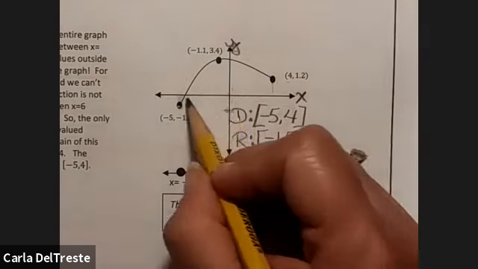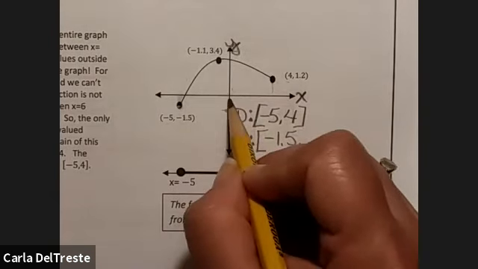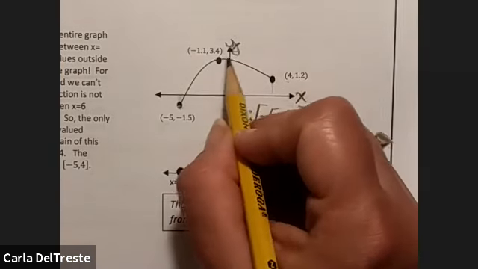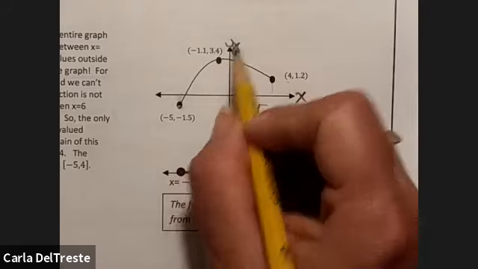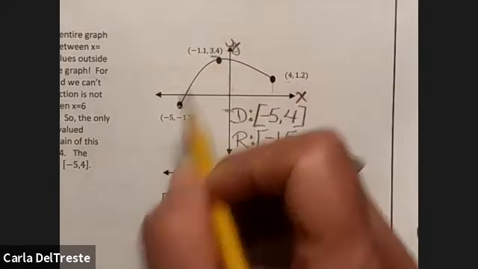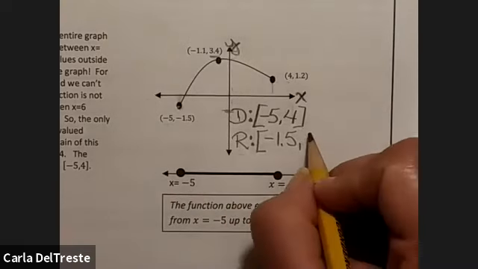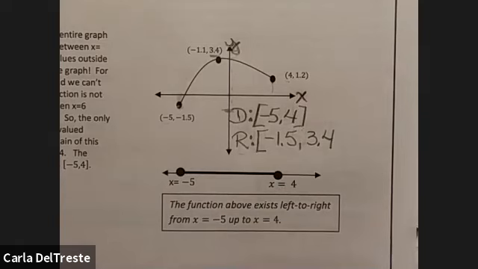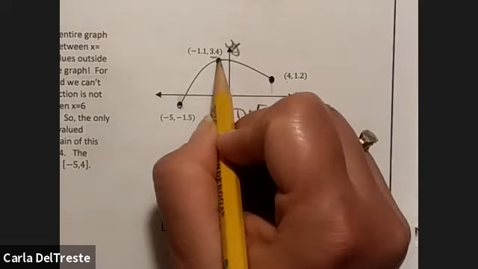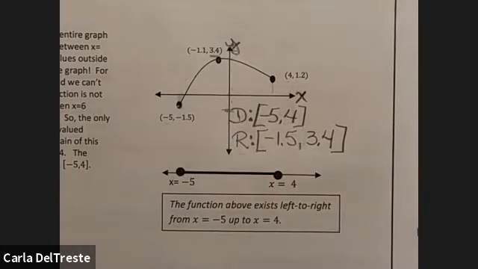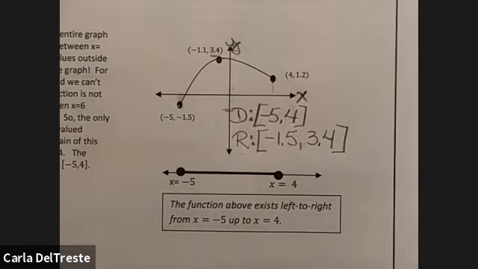And then I continue to see graph. There's no issues. I continue to see graph until I hit this point, and then I don't see graph anymore. So this y value is 3.4. So I stop seeing graph when the y value is 3.4, and I can stand there. There's a solid dot there. So I'm going to put a square bracket.